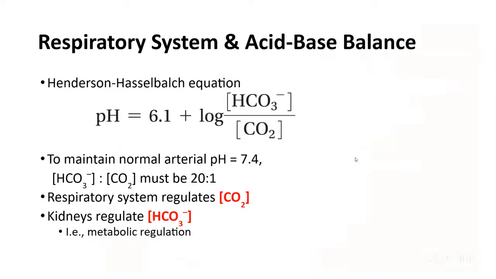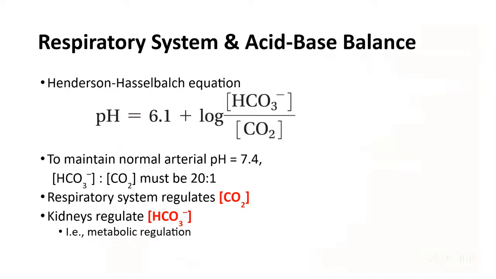So bicarbonate acts as a buffer, but carbon dioxide has a big effect every time we get more carbon dioxide. If we're trying to keep this in balance, keeping this 20 to 1, this means that when we have a disturbance, you can act on either side of that relationship. Just like in our ventilation perfusion ratios, you can affect the ventilation part, you can affect the perfusion part.